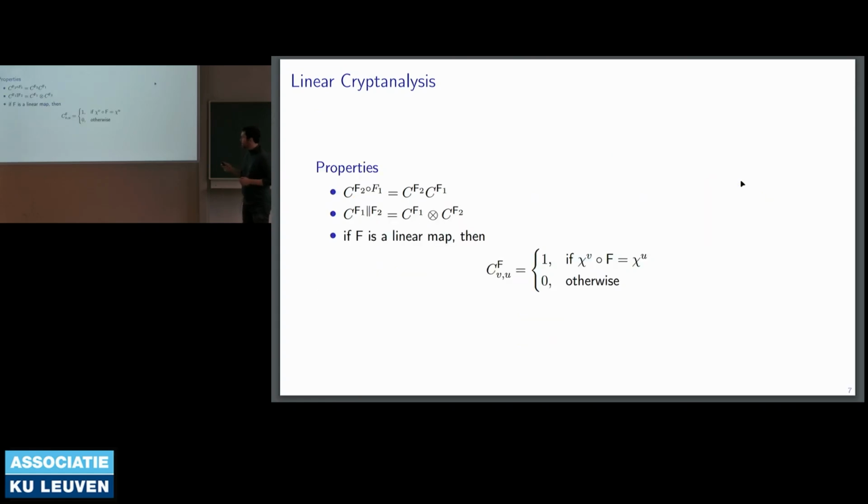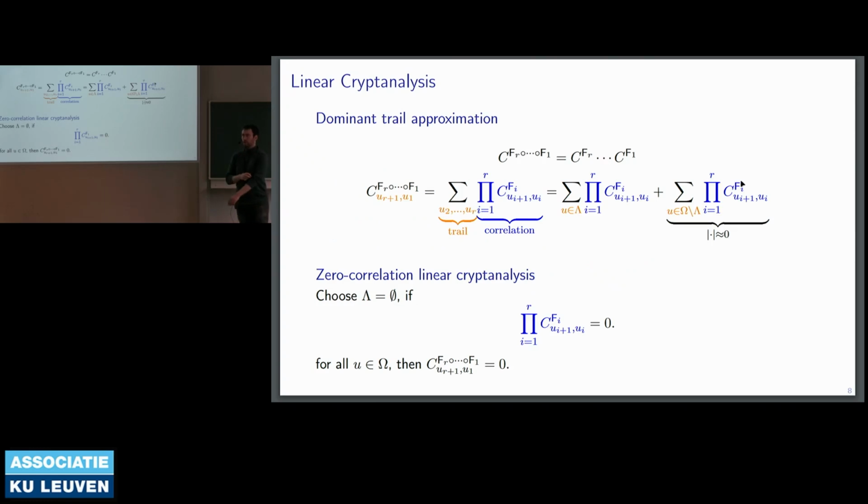Then, using these properties, we can start analyzing functions. Many block ciphers consist of a large number of round functions, which are also individually split up into components. So we can split our function up into a large number of components and write it out as a product of correlation matrices.